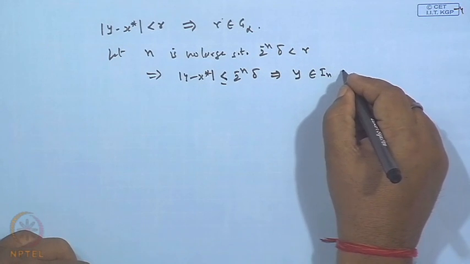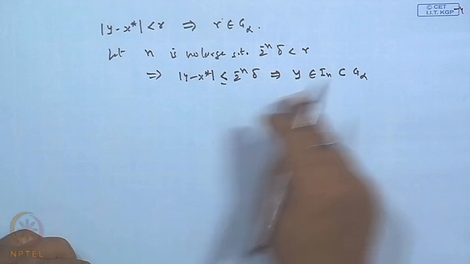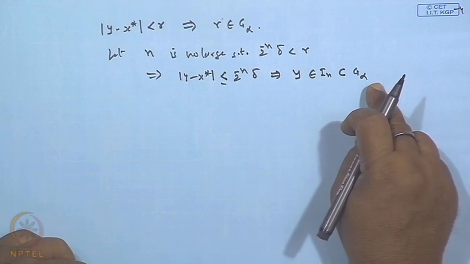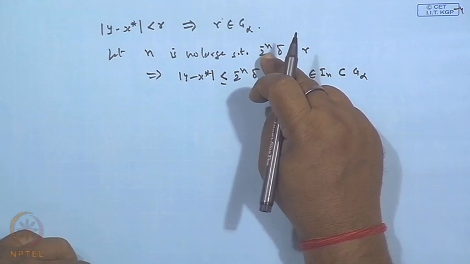So every element of I n will be in G alpha for some large n.